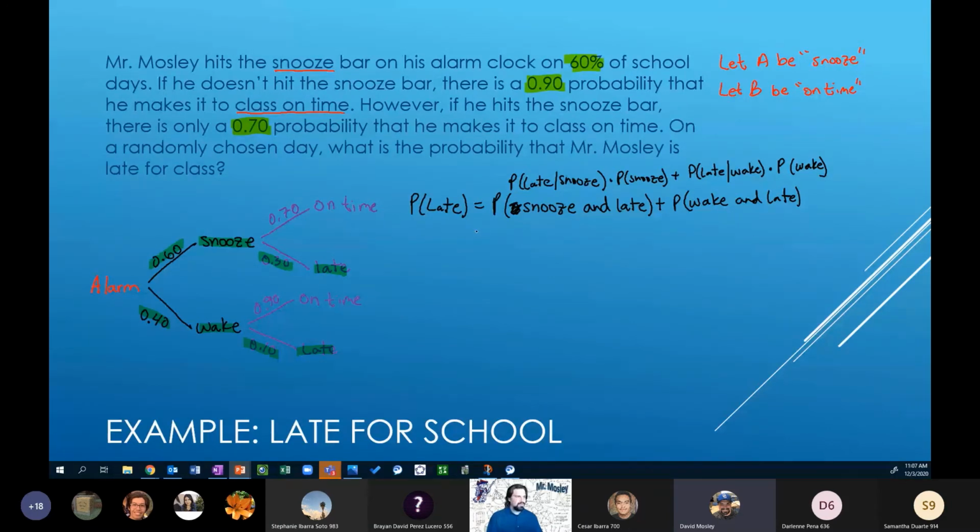So essentially, I multiply the numbers as I work through the tree. 0.6 times 0.3. 0.3 is the probability that I'm late given that I hit snooze, and the probability that I hit snooze is 0.6. Same thing happens here. We do 0.4 times 0.1.